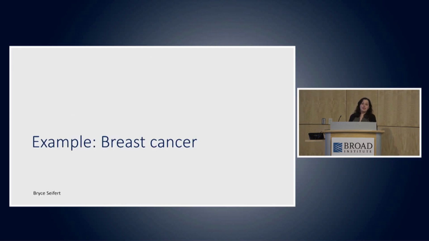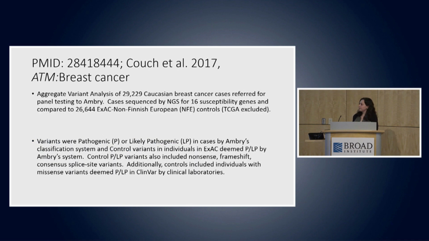And so I want to give you an example from the breast cancer ClinGen clinical domain working group. And this was for ATM and breast cancer. It was an aggregate variant analysis of almost 30,000 Caucasian breast cancer cases referred to panel testing to Ambry. And they were sequenced by NGS for 16 susceptibility genes, and they were compared to a similar number of ExAC non-Finnish Europeans, the controls, and this excludes the cancer genomes within ExAC.